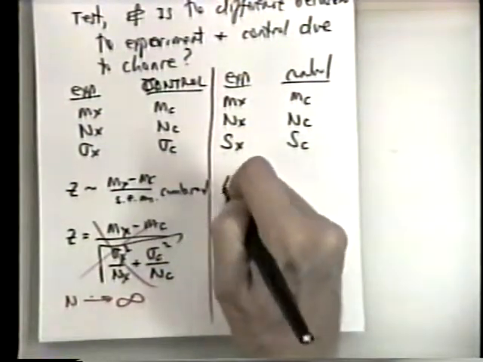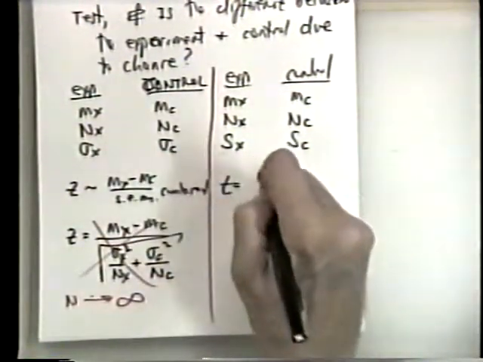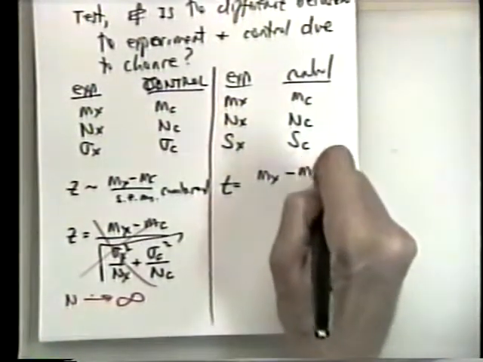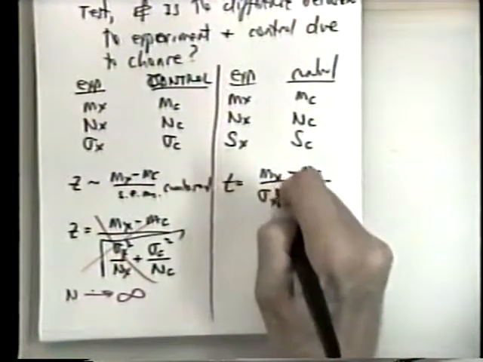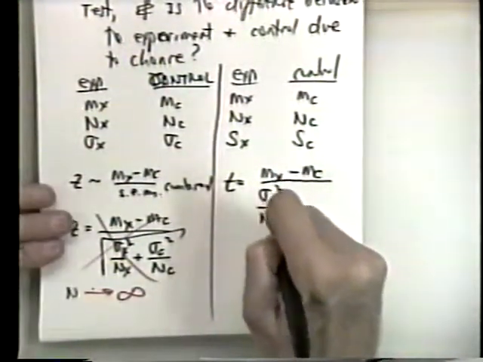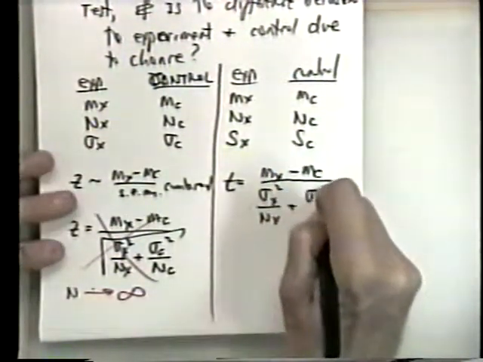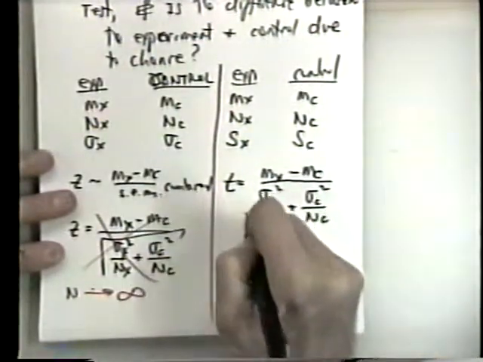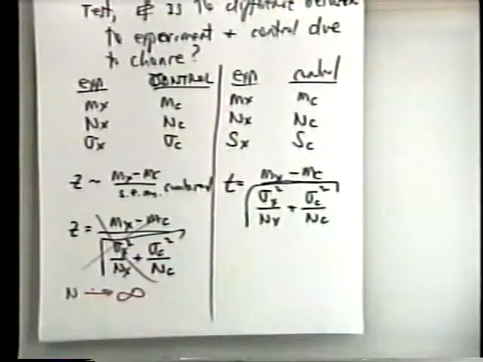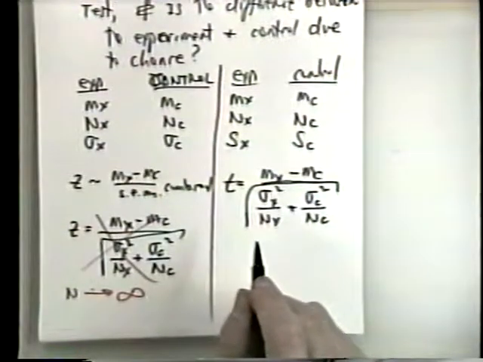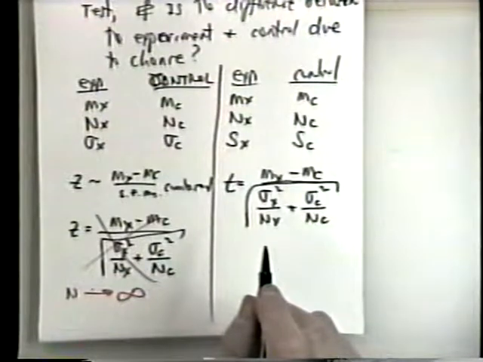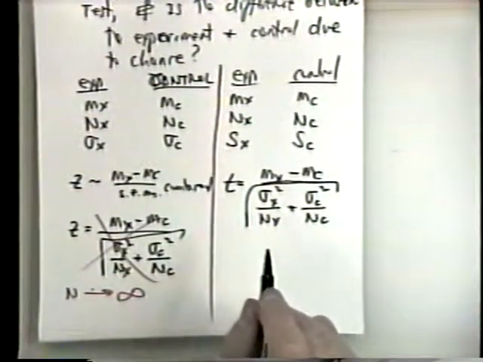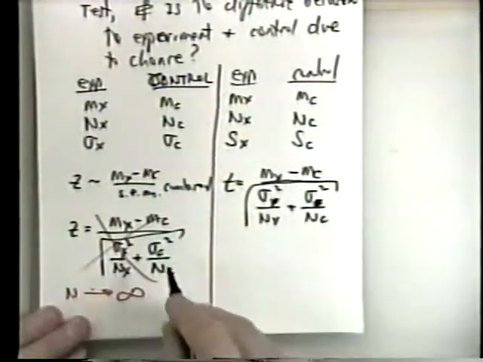And then we form the t statistic, which is the mean of the experiment minus the mean of the control, divided by the square root of sigma squared over n experiment plus sigma squared over n control.